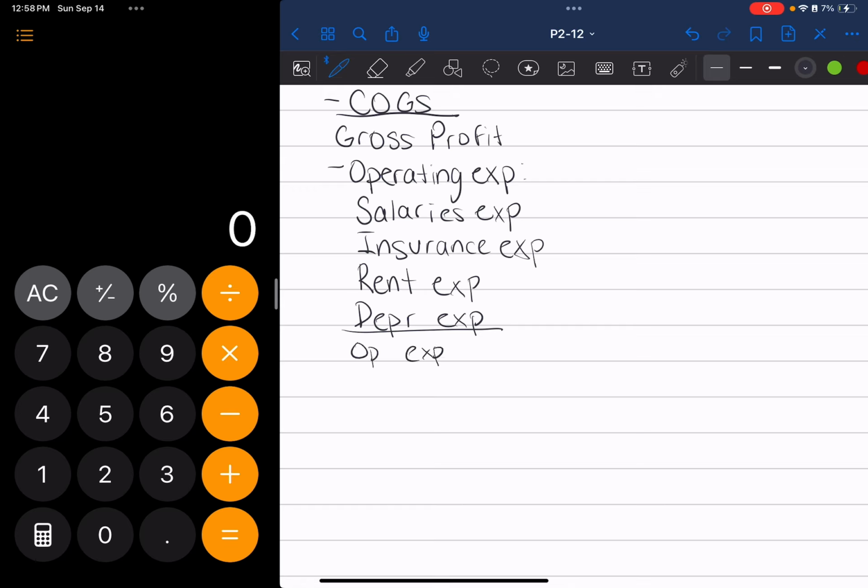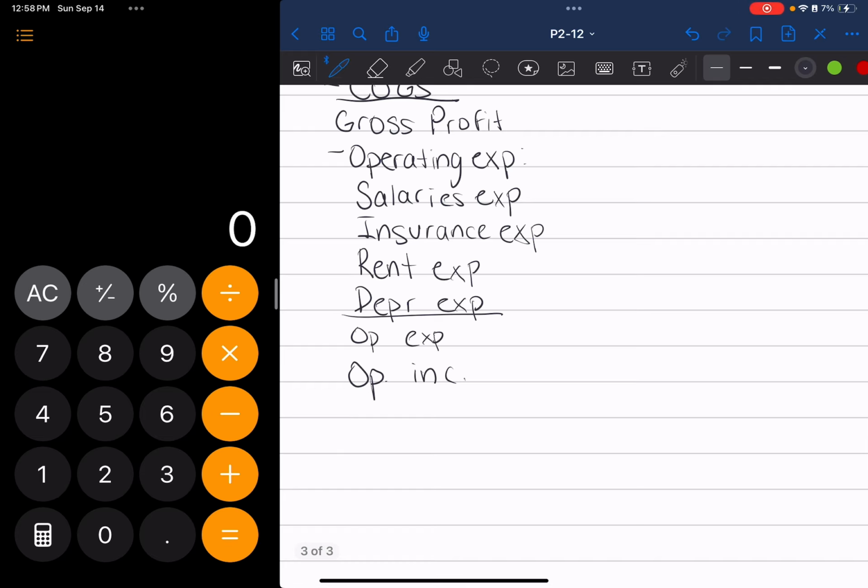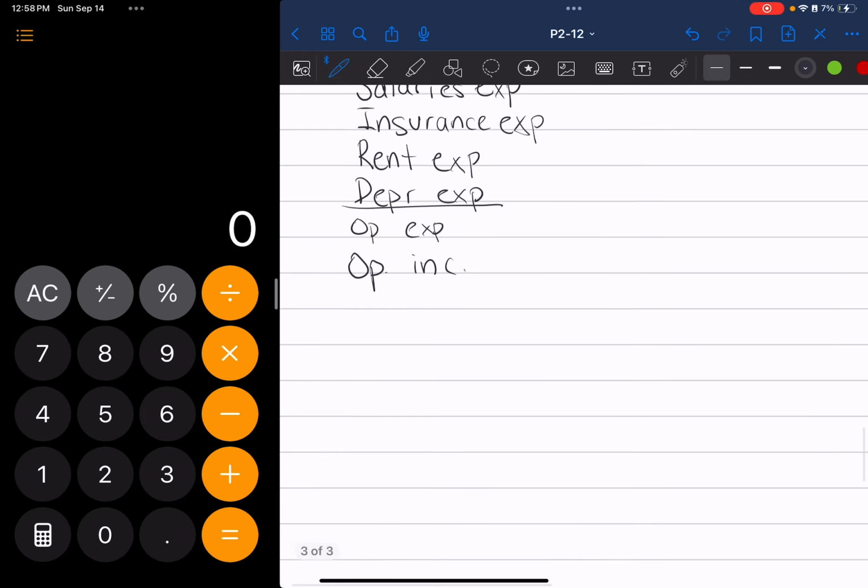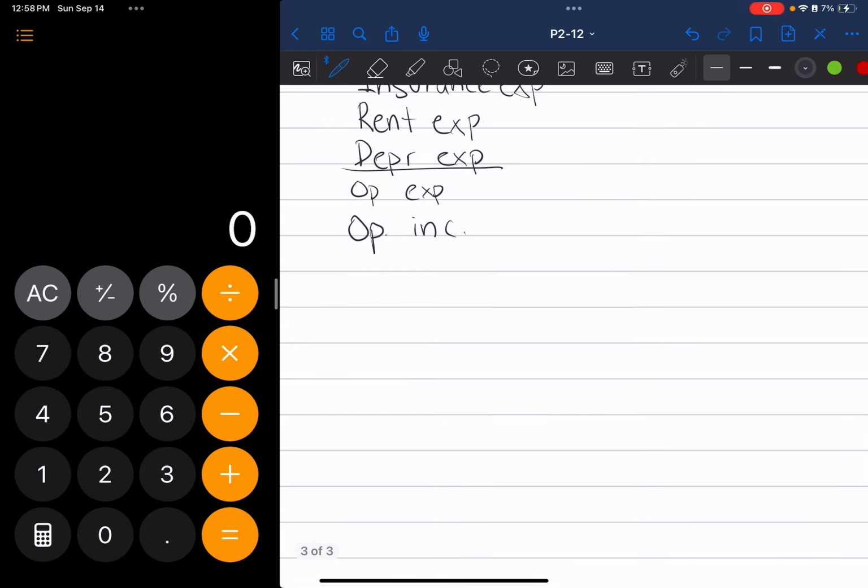And then operating income is basically gross profit minus operating expenses. And then we have plus or minus other income and expenses.